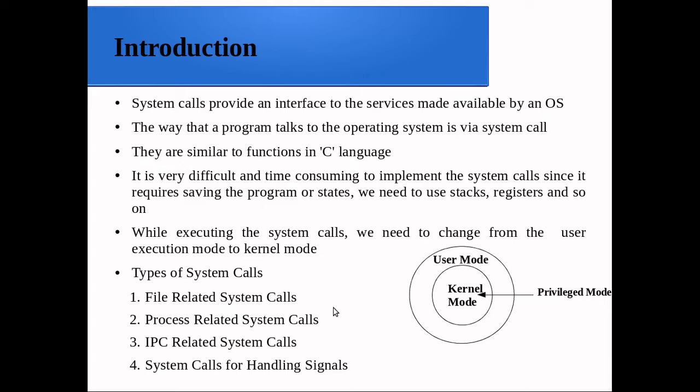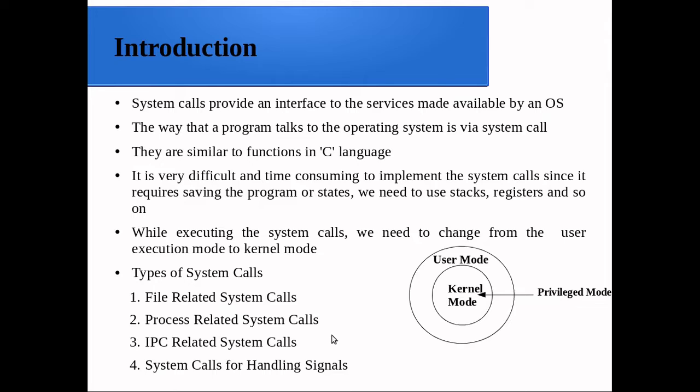If a program is executing in user mode, then that program doesn't have direct access to the system resources like memory, hardware, etc. But if a program is executing in kernel mode, then the program has direct access to the memory, hardware and such resources.